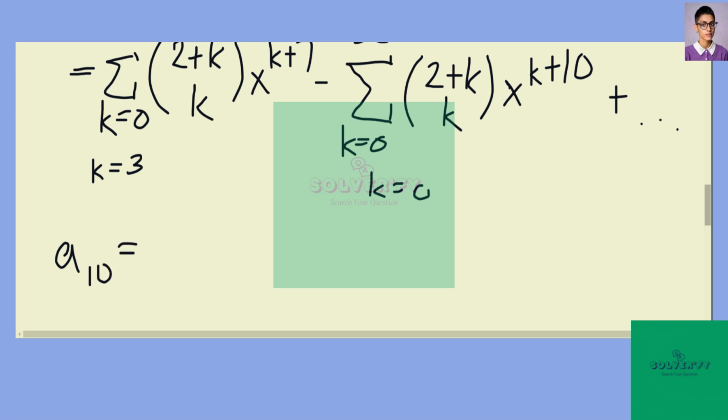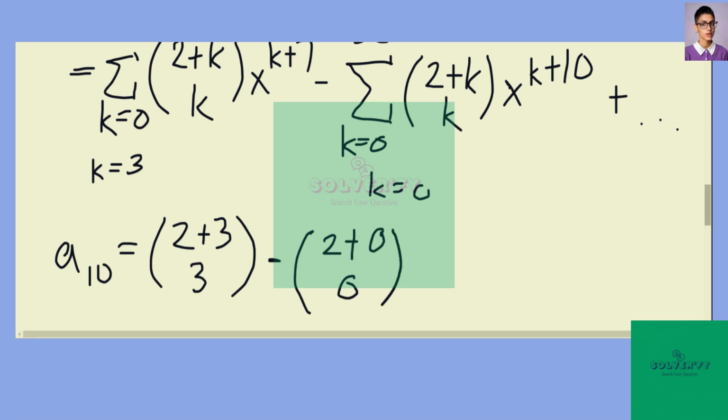And so we get a10 is going to be equal to 2 plus 3 choose 3, minus 2 plus 0 choose 0. This is equal to 5 choose 3 minus 2 choose 0.